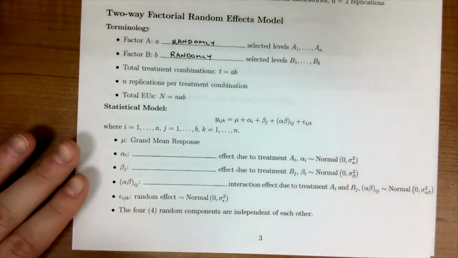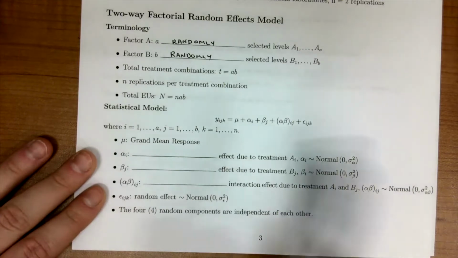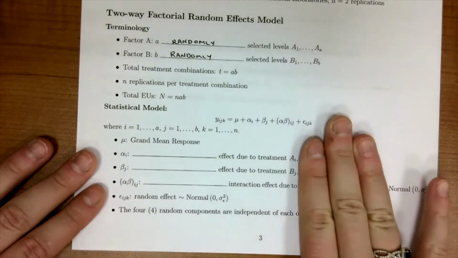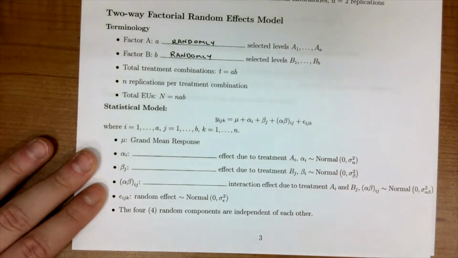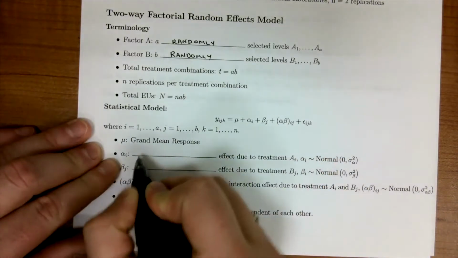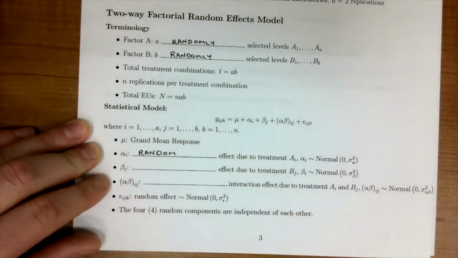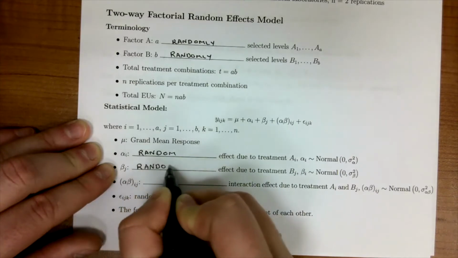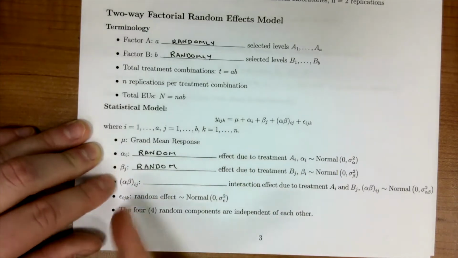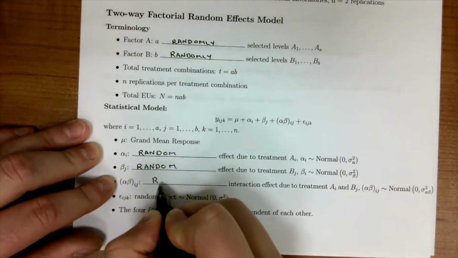Prior to this, when we were talking about fixed effects, we normally had alpha I as a fixed effect due to treatment, and we wouldn't have this extra part right here. But now alpha I is a random effect. Our beta J is also a random effect. And the interaction term, because both of these are random, is also going to be random.